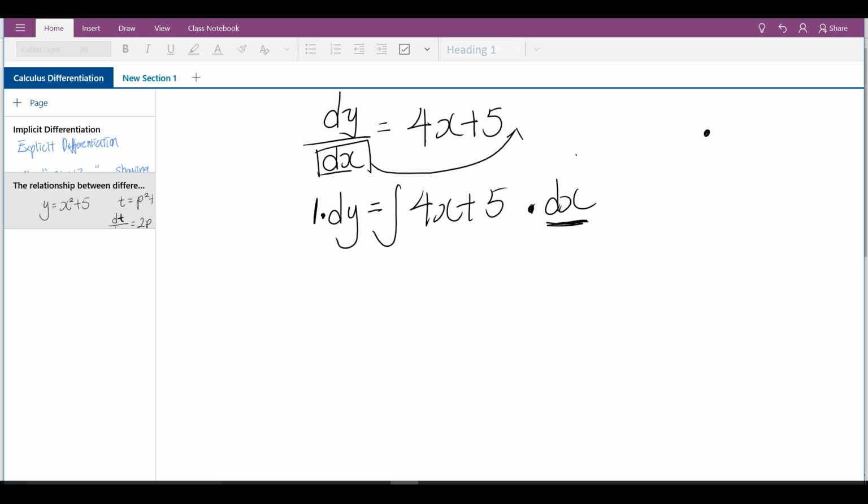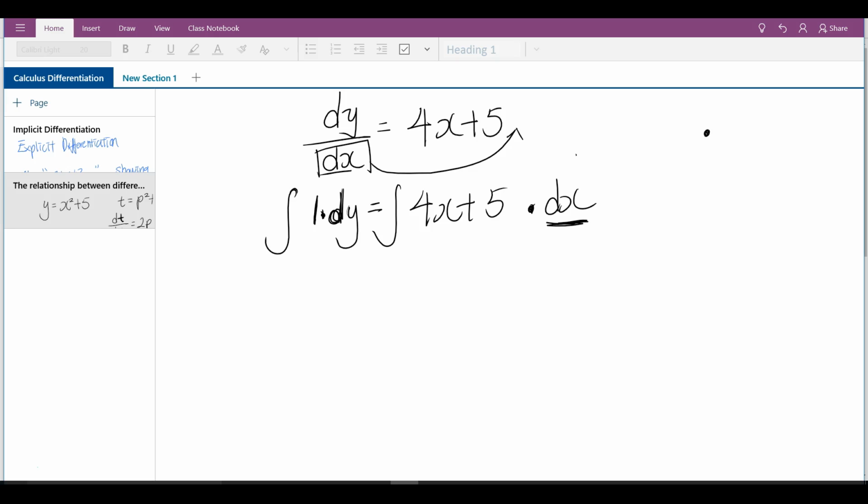So since we've got the dy here, we are integrating 1 with respect to y, just like we're integrating 4x plus 5 with respect to x. So there should be an integral sign here. When you just do the left-hand side, you're integrating a constant, or a number, with respect to a variable.